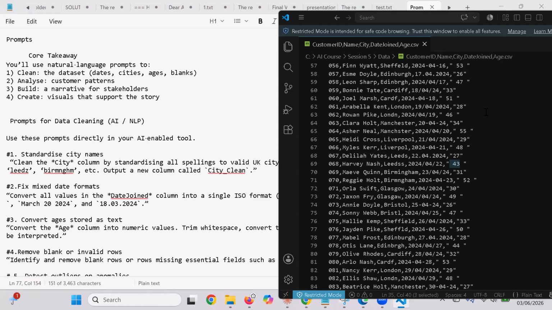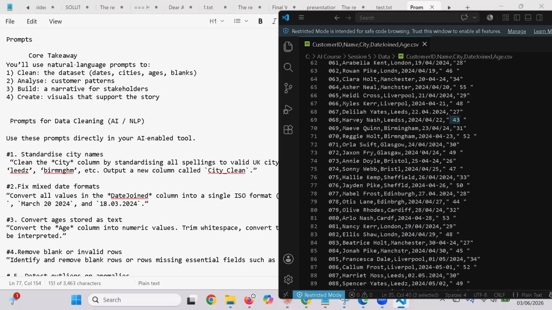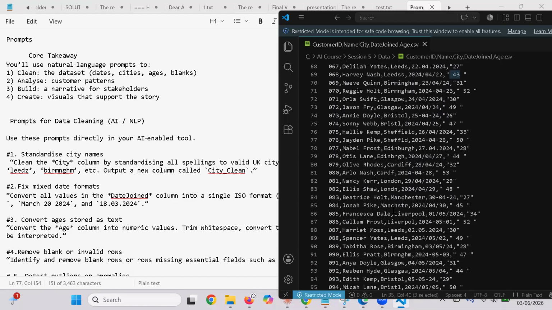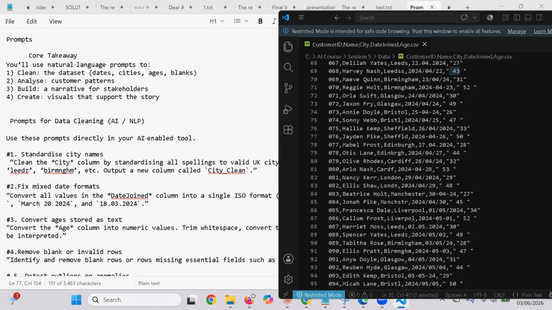Why was it simple? One, I noticed that the data was really messy. If you look at the data, look at Manchester, it's not well spelled.